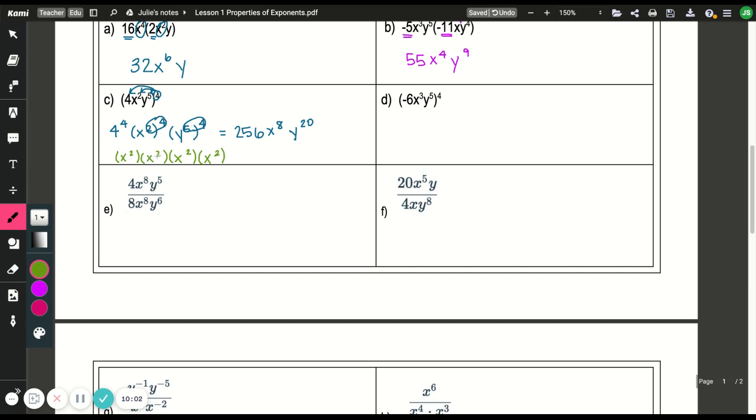When I'm multiplying things with the same base, I add their exponents. So these all have a base of x, and I'm multiplying them, so I add their exponents. 2 plus 2 is 4, plus 2 is 6, plus 2 is 8. So that's why you multiply if you have a single base with 2 exponents.